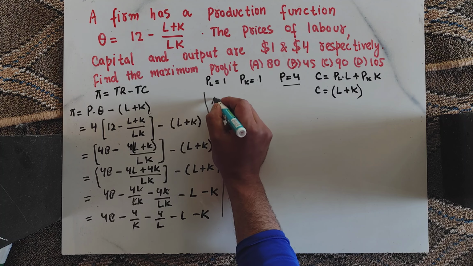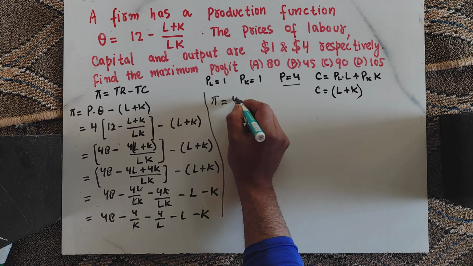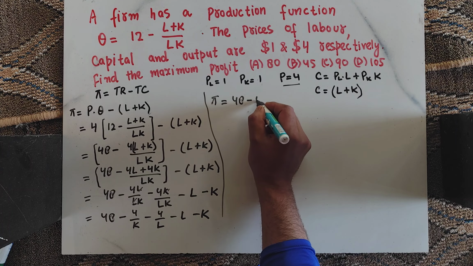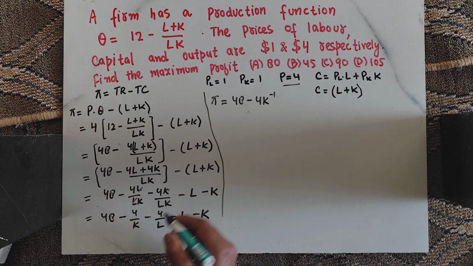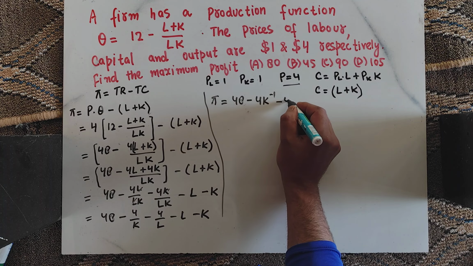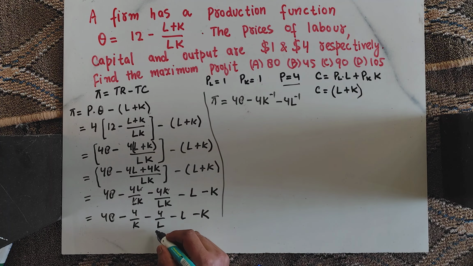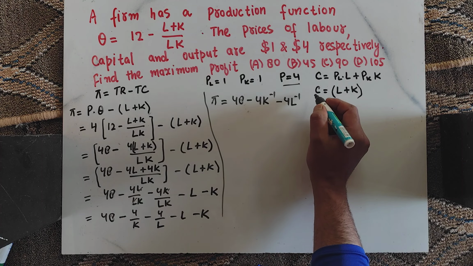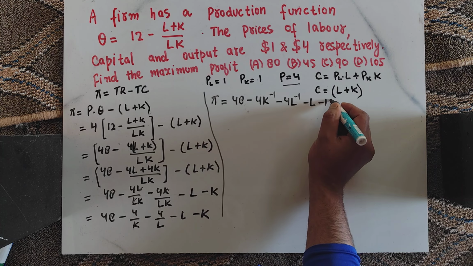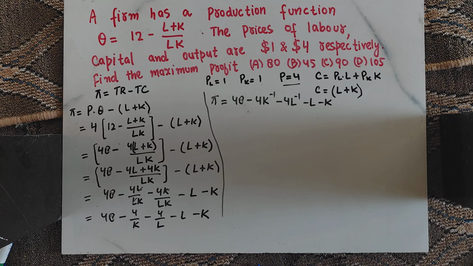Let us rewrite it: profit = 48 - 4K^-1 - 4L^-1 - L - K. This is our profit function.